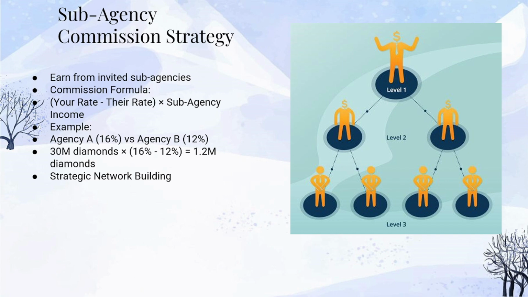It's not perfectly clear just from this text. Okay, so maybe the key point isn't the exact math on that number, but understanding that valid income is the big pool. I think so. The principle is that your total activity level matters, but the way they calculate the commission from sub-agencies seems much clearer in the example. Right, let's focus on that then. How do you earn from agency B if you're agency A?